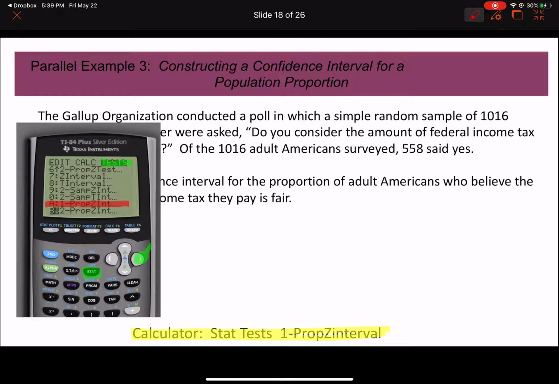Make sure that is the one you're using, because up higher you have z interval and prop z test. There's a lot of other stuff that has z's in it. You want 1-prop z interval.